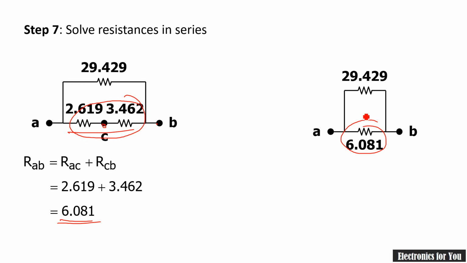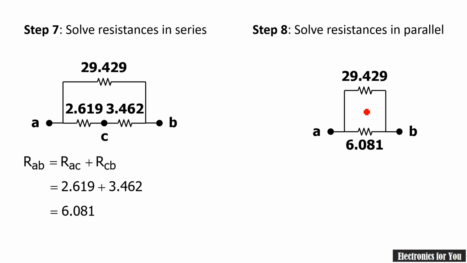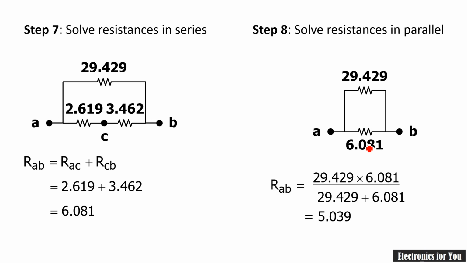Now these two resistances can be replaced by a single resistance of this value, 6.081, and now you can clearly see that in between A and B both resistances are connected across each other. Therefore we can solve resistances in parallel there. After calculation we will get the equivalent resistance RAB equal to 5.039.